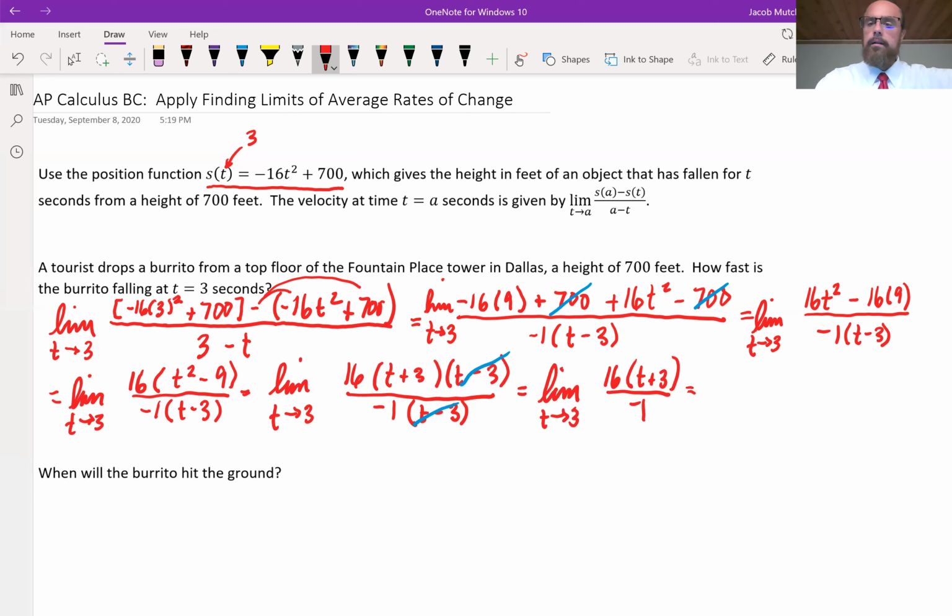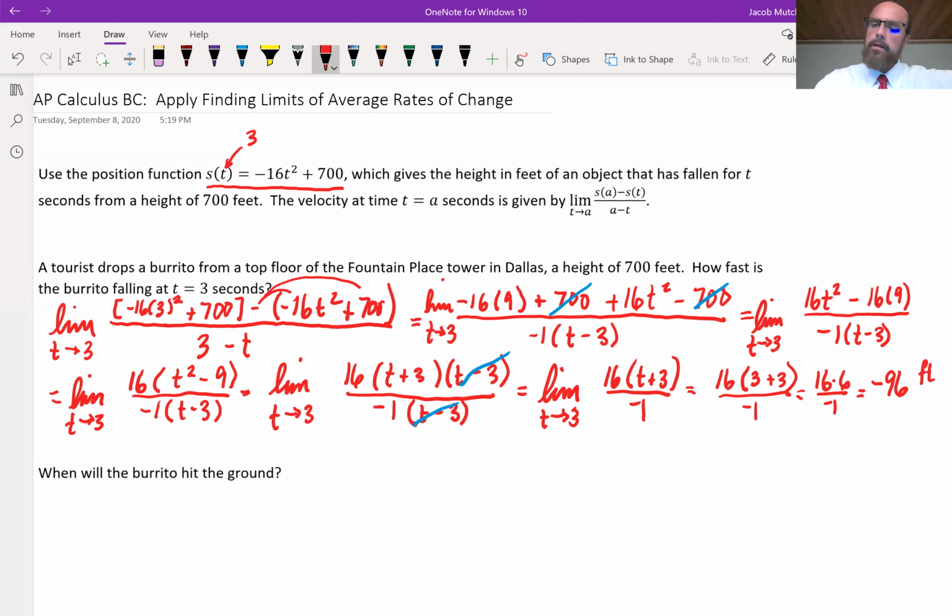So now I'm going to let the limit part go, and I'm going to substitute 3 for t. So that's 16 times (3 plus 3) all over negative 1, which is going to be 16 times 6 over negative 1. And that reduces down to negative 96.